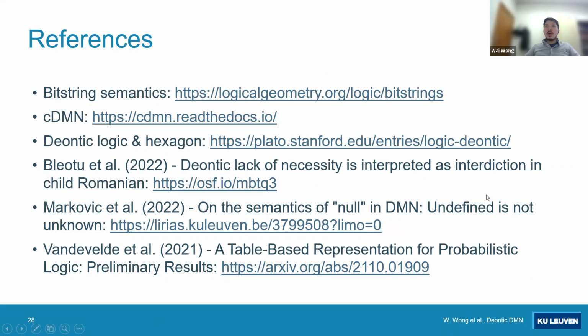And also, if you have a question about it, you can send me an email. I will forward it to the right person. Simon is the main contributor and the first author on this paper. He will also answer questions regarding the probabilistic DMN.